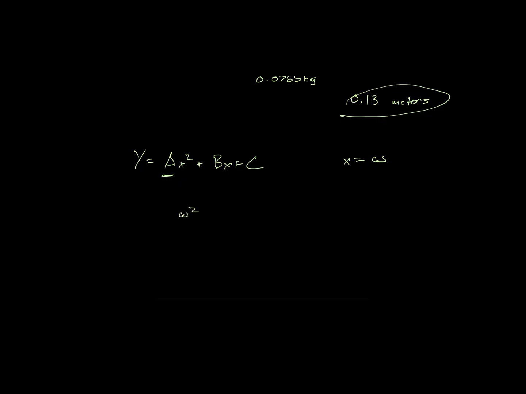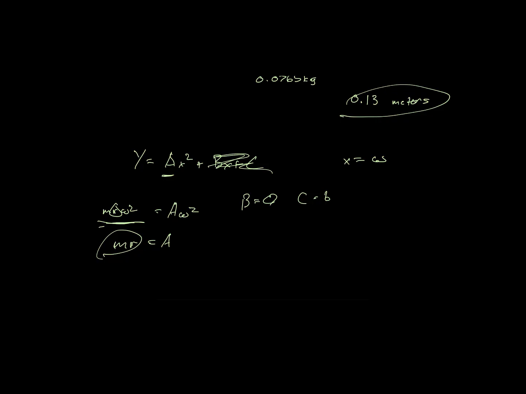So if you have omega squared, and what you want is mr omega squared, because you're trying to solve for r, then a equals mr, our big A. And then the B is 0, and then C is our little b, but we can just get rid of this. This is all we care about because we're trying to solve for r.